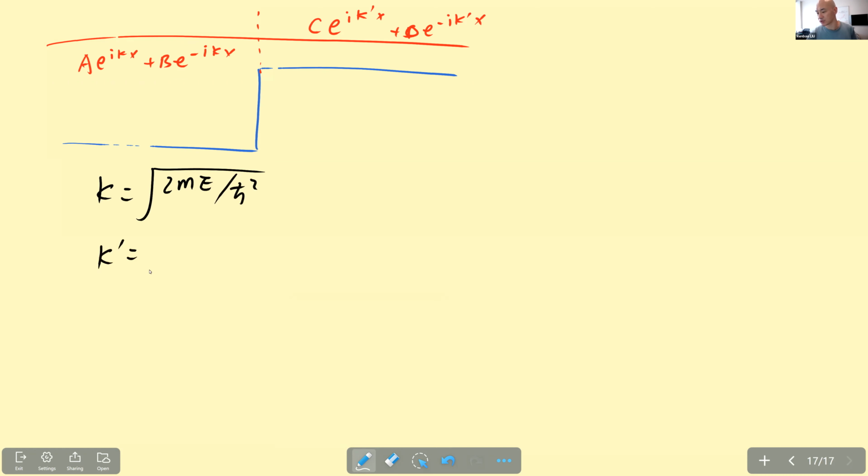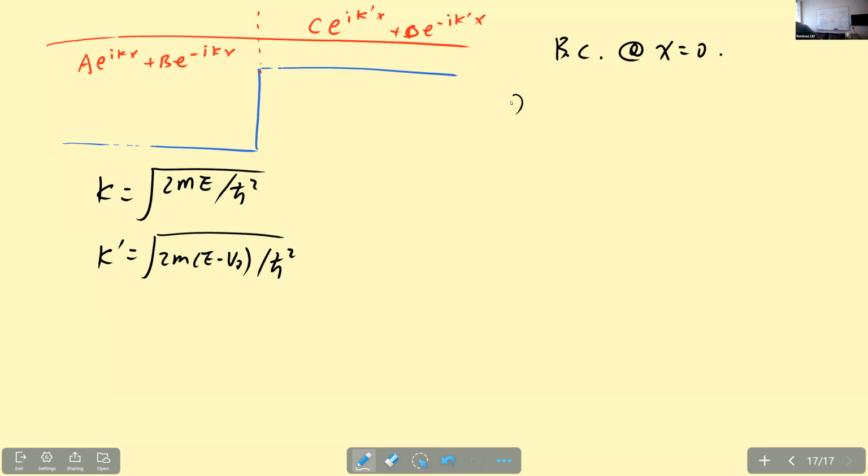And k' just equals to the square root of 2m (E minus V) over h bar squared. Now the energy is different. You can check that now this one actually satisfies the Schrodinger equation. And now the boundary condition at x equals 0. The first one is psi(0 minus) must equal psi(0 plus).